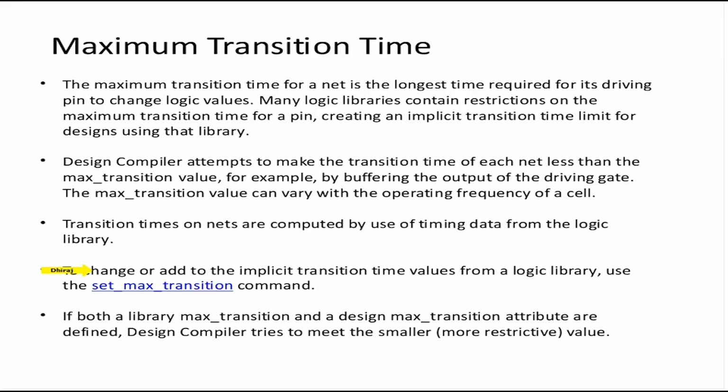But if you want to make them more restrictive, you could use the set max transition command. If both the library max trans and the set max transition attributes are defined, DC will try to meet the most restrictive value, which sounds logical.